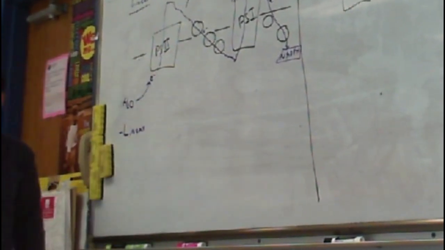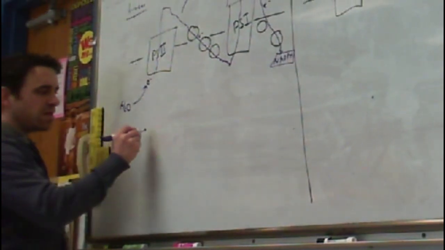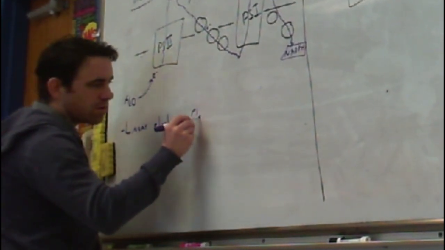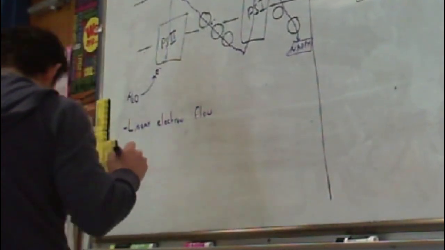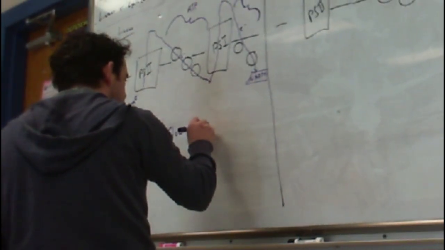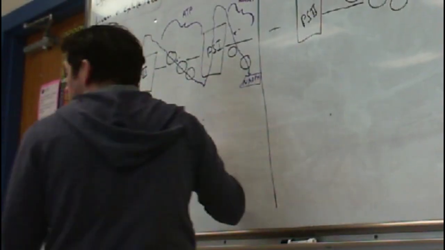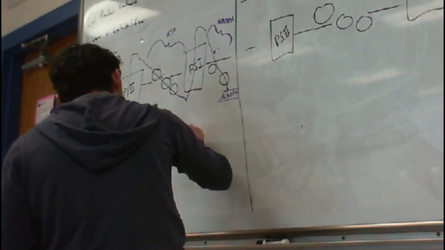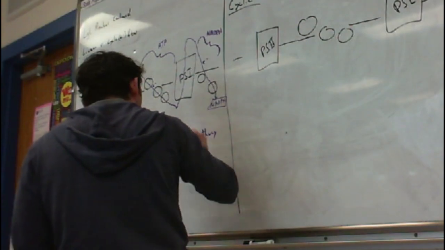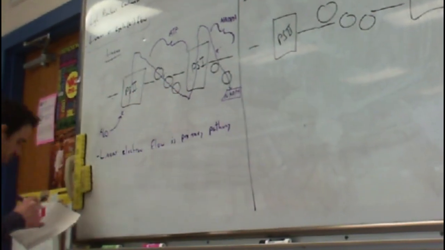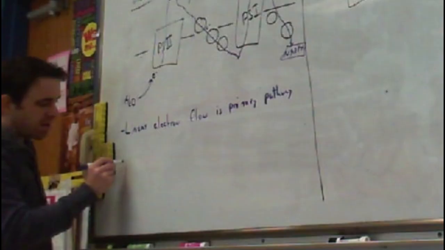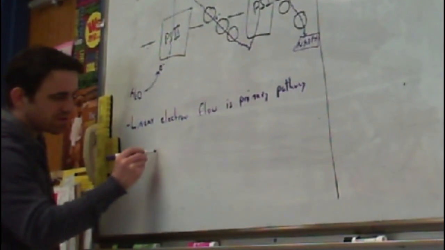We'll put a little note at the bottom. So linear electron flow is the primary pathway that electrons follow, which we just saw. That's why we wrote it first. It uses both photosystems.